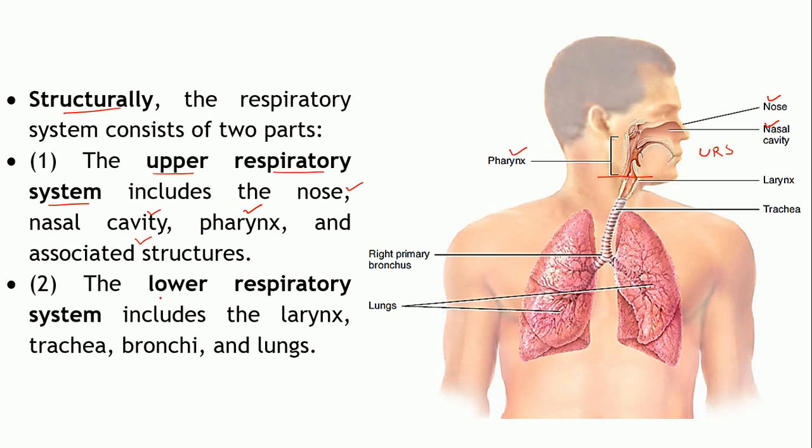Then the next group of organs is the lower respiratory system. This will include the larynx, trachea, bronchi and lungs, all the other parts inferior to this.